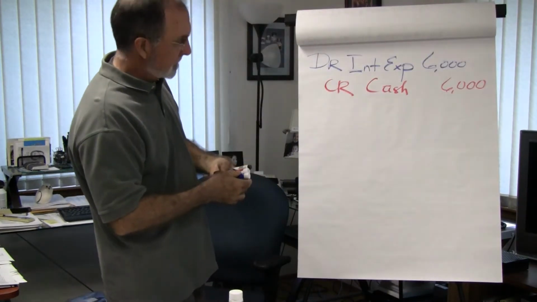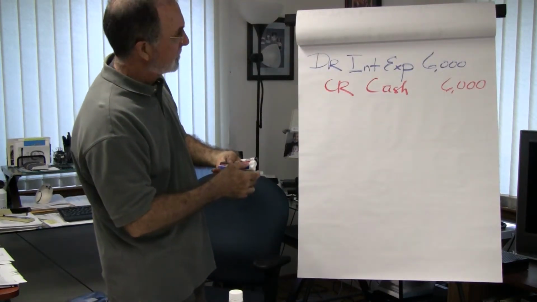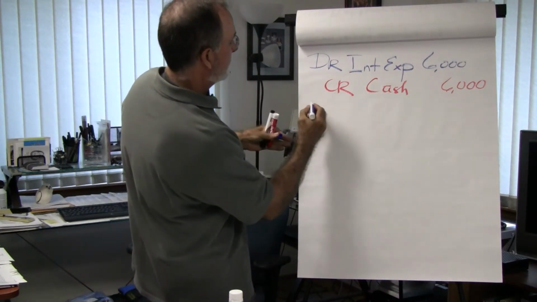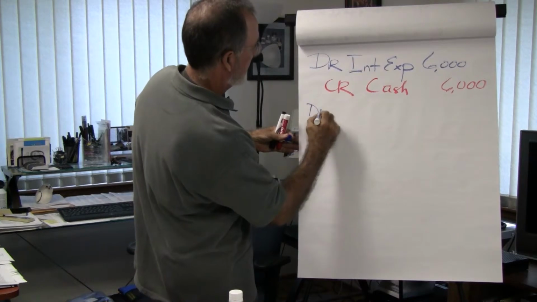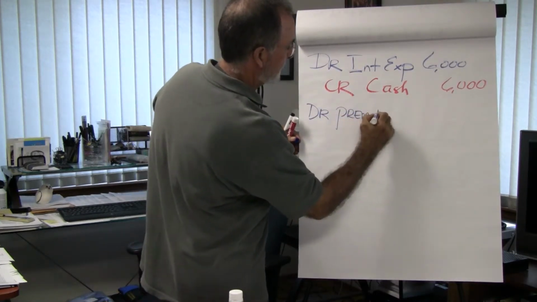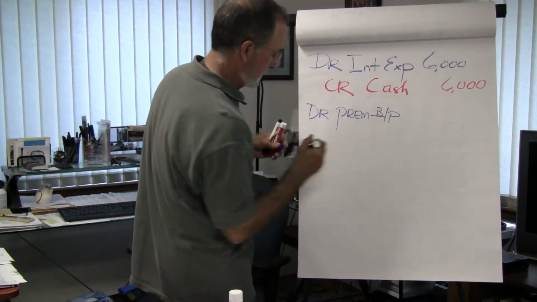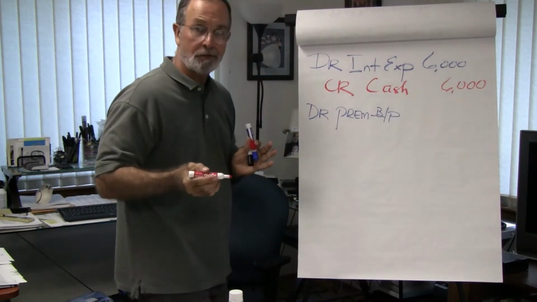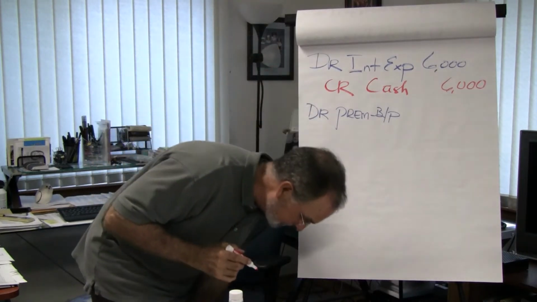So our entry to amortize the premium would be to debit the premium on bonds payable and credit, which account you think is going to be credited.